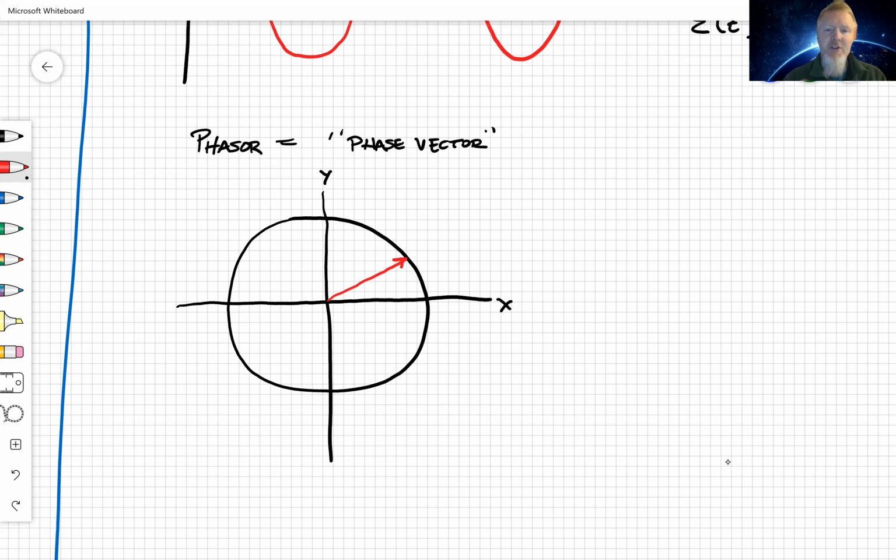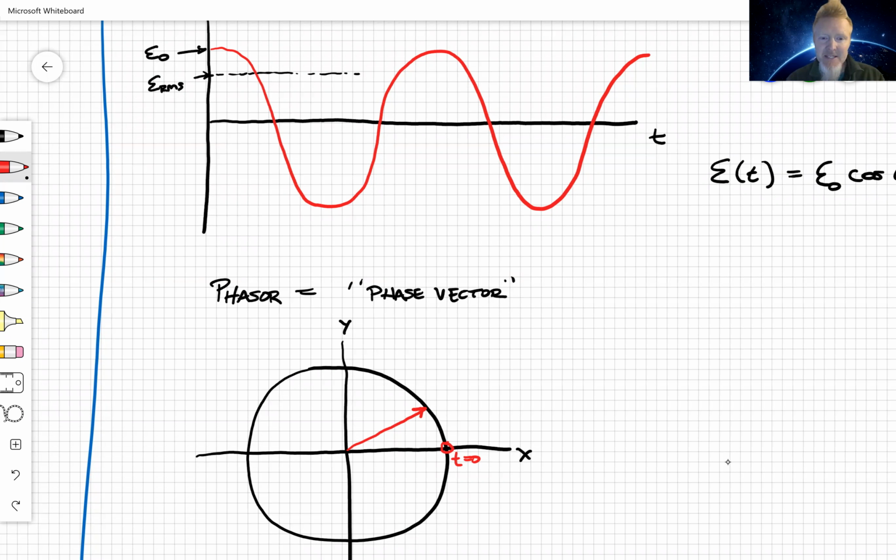Its tip makes the circle; it just goes around, and its projection onto the x-axis is essentially the value of where you are on the cosine curve or the oscillating or sine if it's that, right? If it's a cosine, then I started right here at t equals 0, right? If it's a cosine like it is up here. Why? Because that's the amplitude, that's the maximum, the voltage that I can get, and this is the maximum along the x-axis.